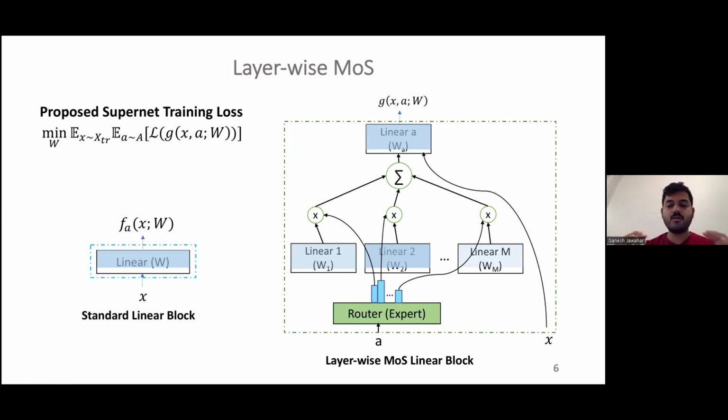So this is linked to the idea of mixture of supernets, where we try to increase the capacity of a model by duplicating the blocks. Usually in mixture of experts, we typically duplicate the FFN blocks, and once duplicated, each one of them has independent weights, and we try to make use of them.